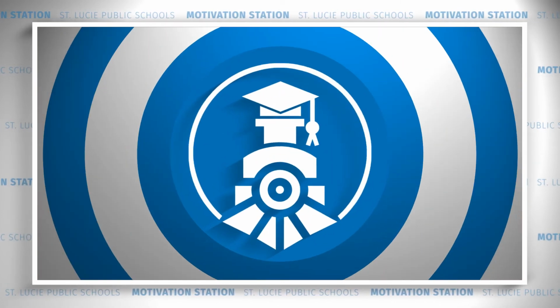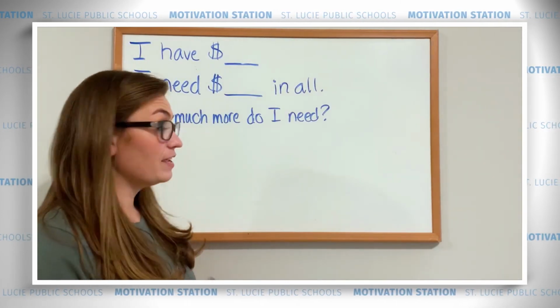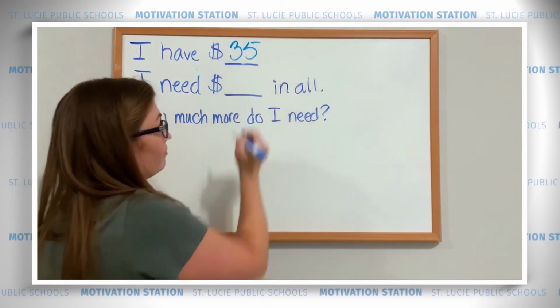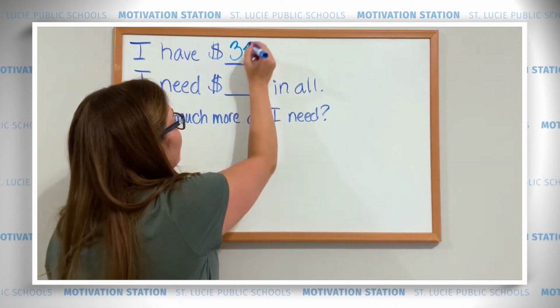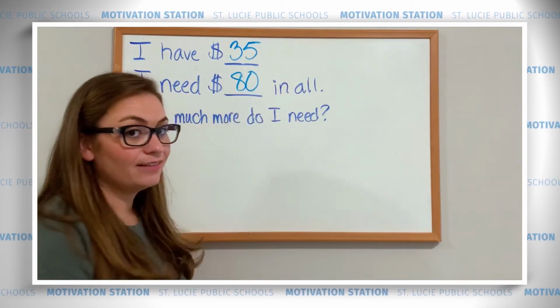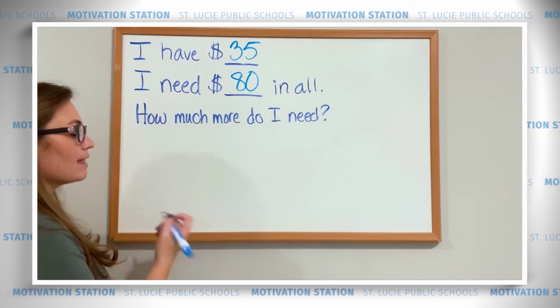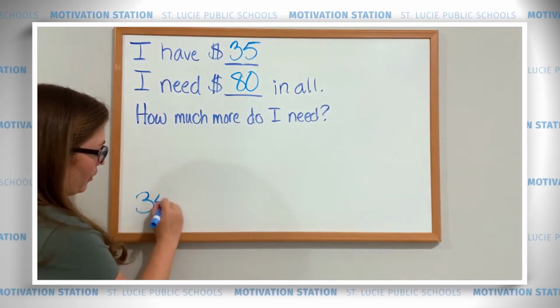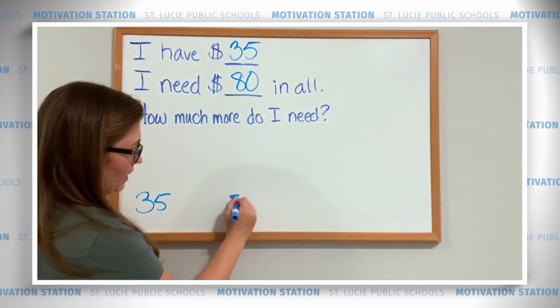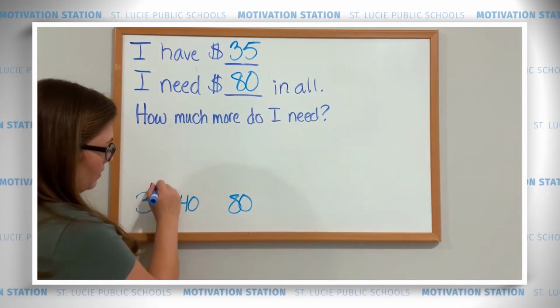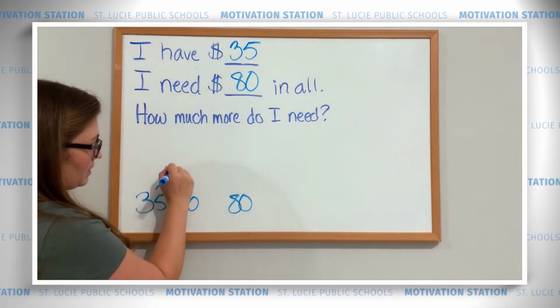I hope you're ready. Okay, for this part-whole, we're going to have $35, but we need to get to 80, not 100. We can still solve it the same way though. Let's start with addition. 35, and we need to get to 80. Well, I still would like to go to a nice 10, so let's go to 40. That's plus 5.